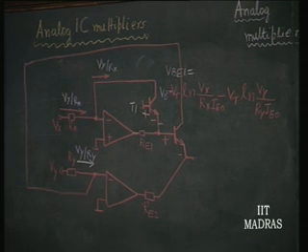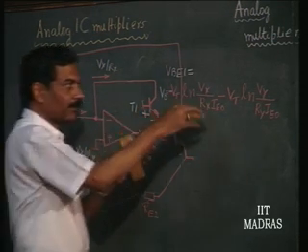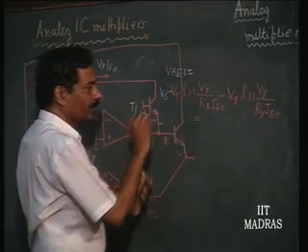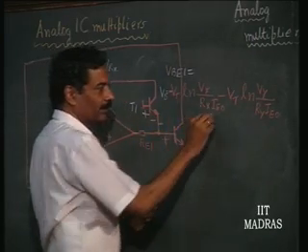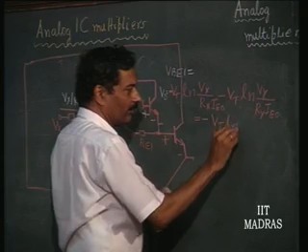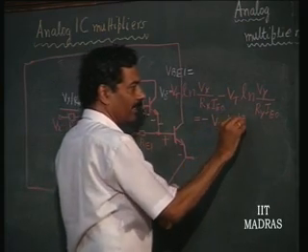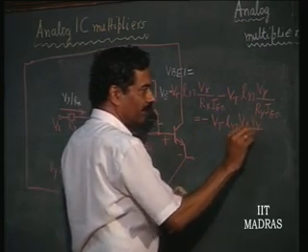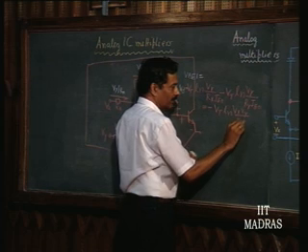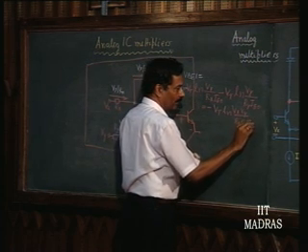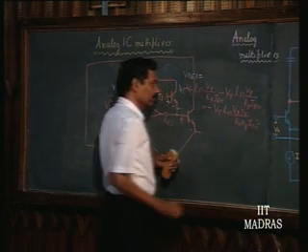Now, we have got this such that now the output is going to be equal to minus Vt log, what is it, Vx Vy divided by Rx Ry Ie naught squared.